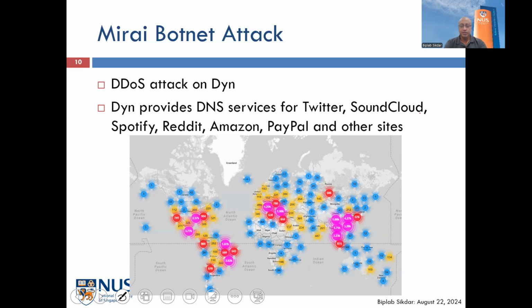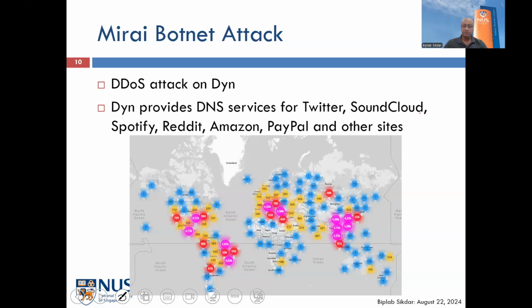In this case, the hackers compromised a large number of IoT devices, devices that generate video, because for launching a denial of service attack, you need to generate a lot of data. The attackers hacked into things such as DVRs, video cameras, monitors, and redirected the traffic towards a DNS service provider called Dyn.